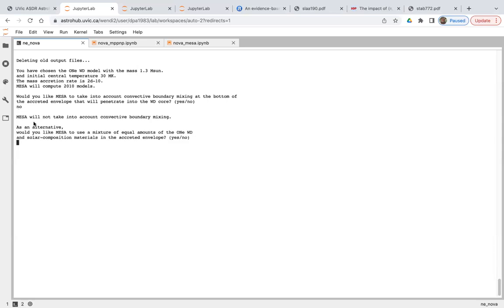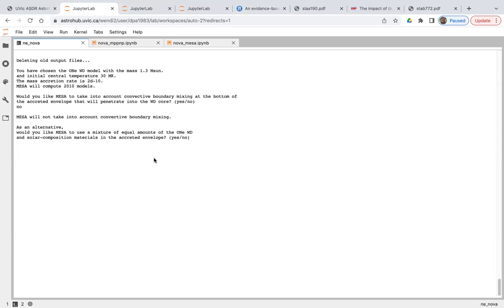Then it says MESA will not take into account convective boundary mixing. As an alternative, this is the second mixing option: would you like MESA to use a mixture of equal amounts, 50-50, of the oxygen-neon white dwarf and solar composition materials in the accreted envelope? Yes or no?